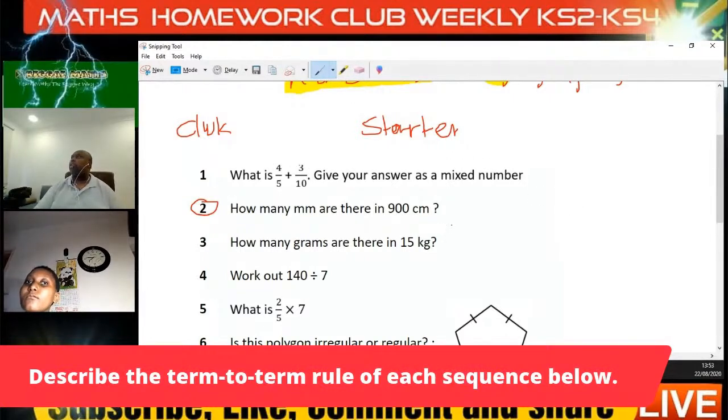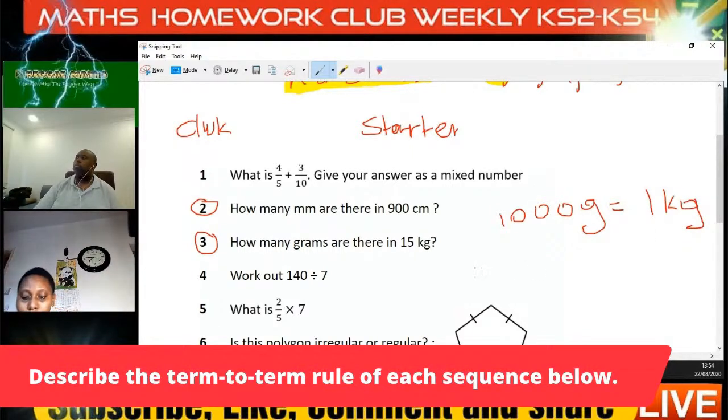The next one says here, can you read that question from question 3? How many grams are there in 15 kilograms? Again, this is another metric question. So 1,000 grams, write this down, 1,000 grams equals 1 kilogram.